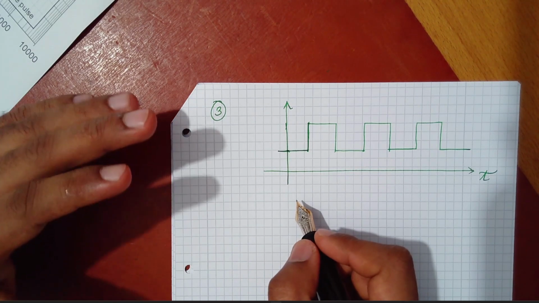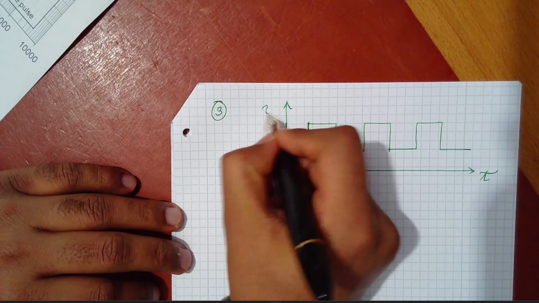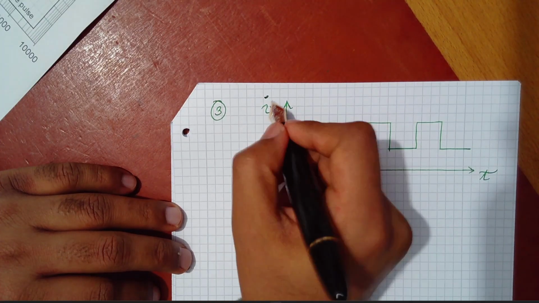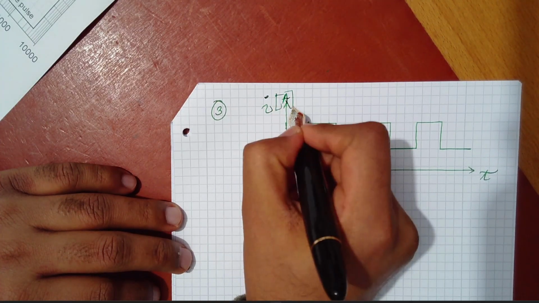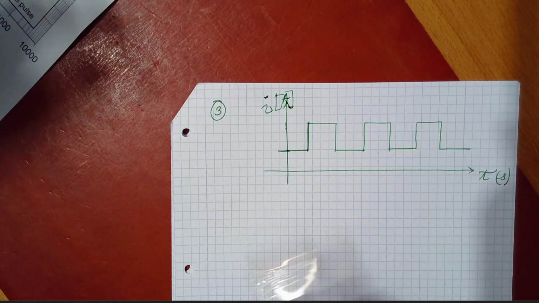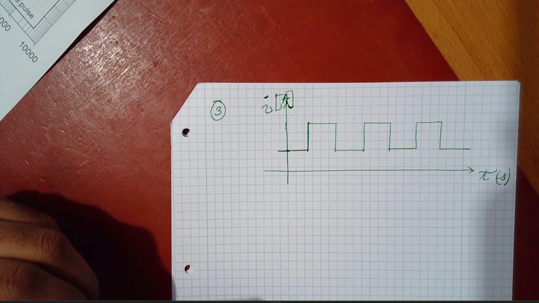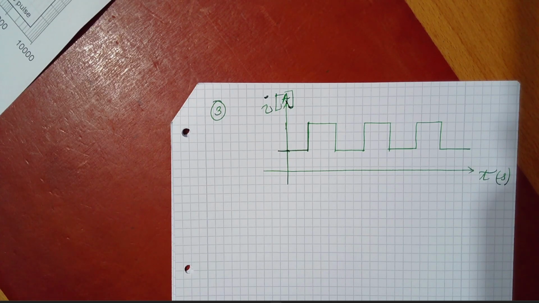Normally the loading is in terms of current. Let's take the loading in terms of current. That's ampere, and this is seconds. Let me change the color.